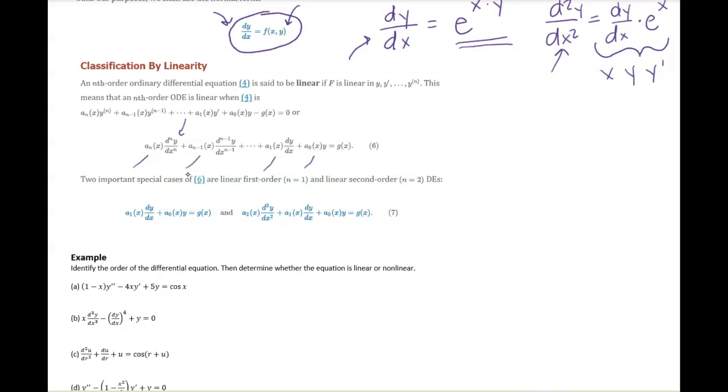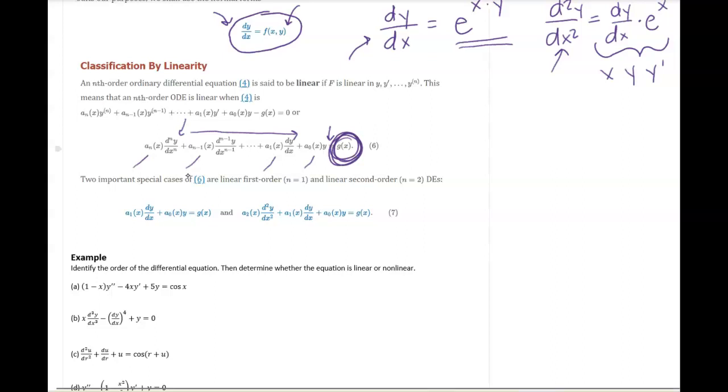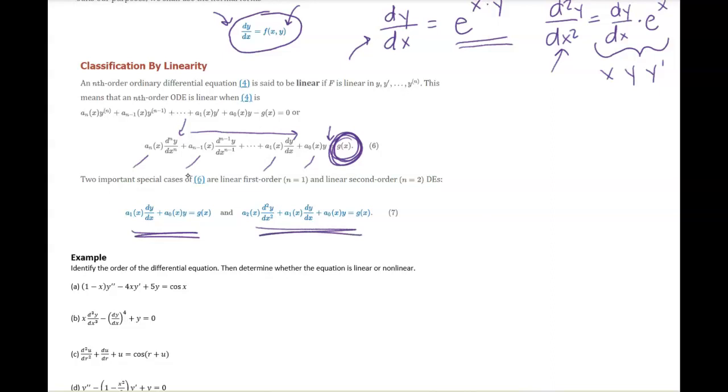It decreases in derivative order down to just y. And then you have a function that's just including x's on the right-hand side. Here are first order and second order examples of linear form differential equations.